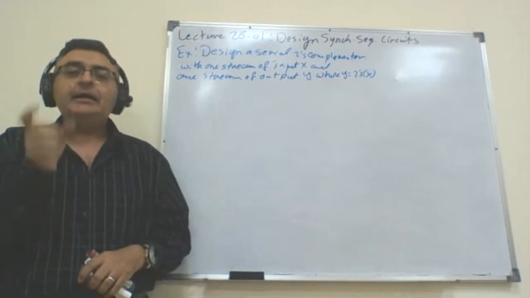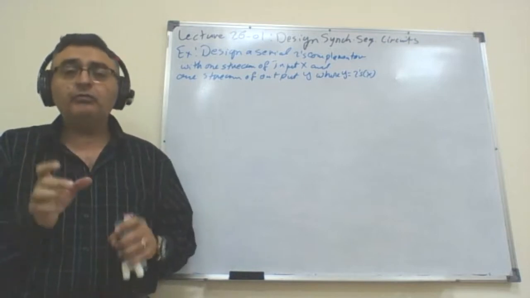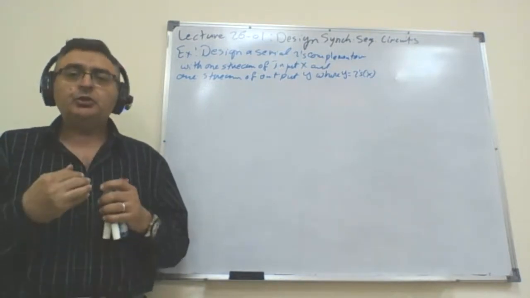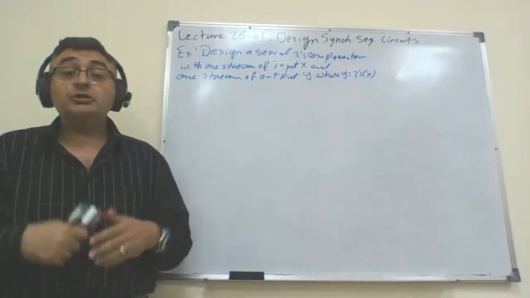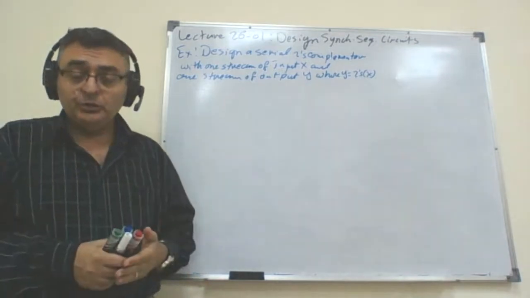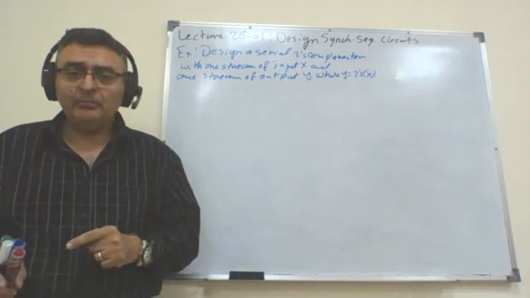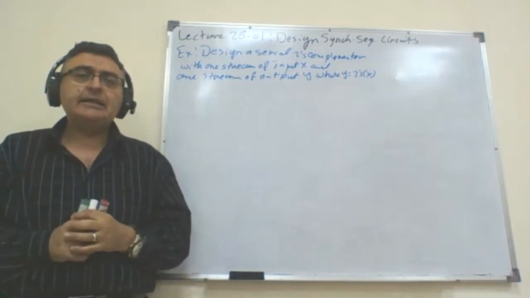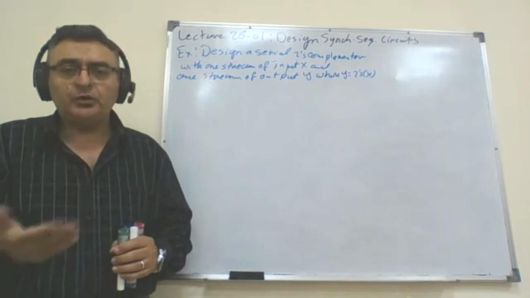And this is the toughest part of the whole course, because to translate the word problem into a state diagram is not easy. This is a kind of exploratory process.